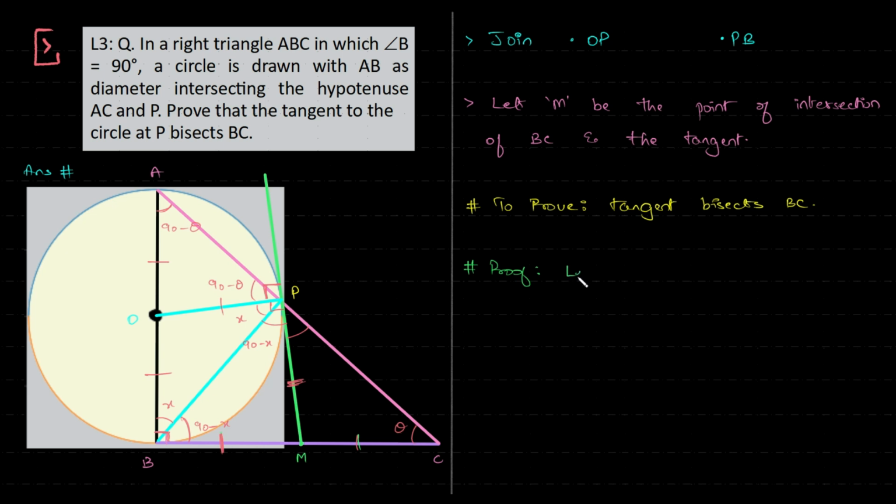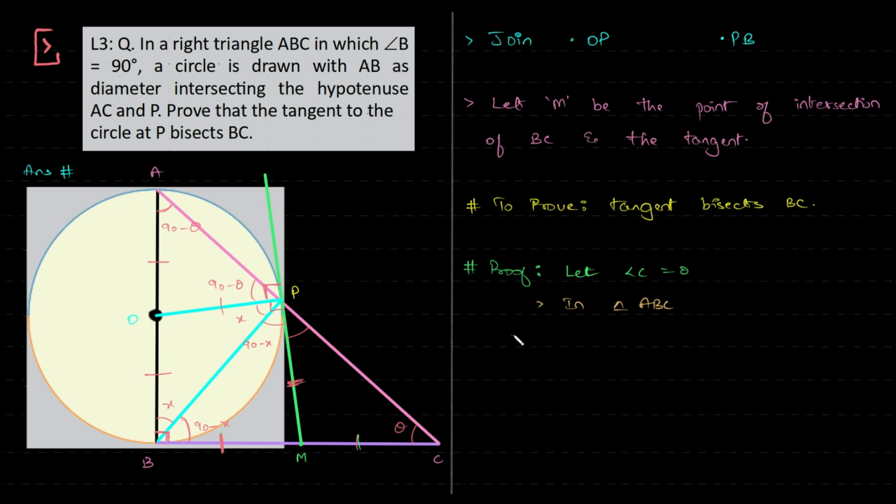First, let angle C be equal to theta. With this in mind, in triangle ABC, the entire big triangle, what do we have?